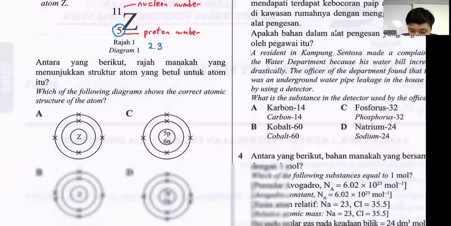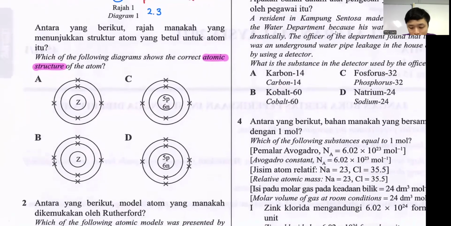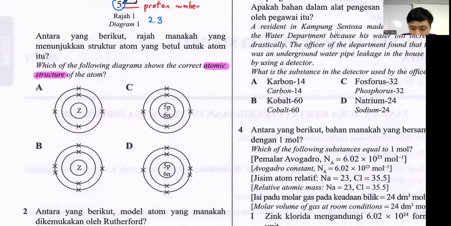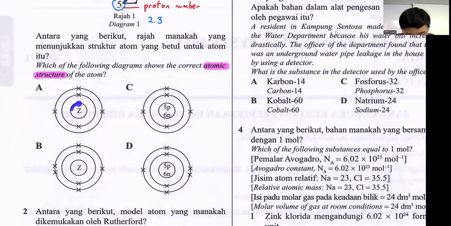But they ask for atomic structure. So which one is electron arrangement? A and B are electron arrangement. If they put symbols, it means electron arrangement. So of course you cannot choose A and B, unless they ask for electron arrangement, which they don't.